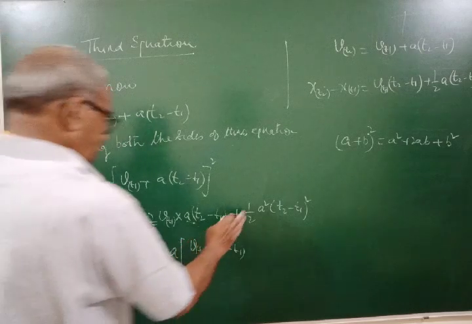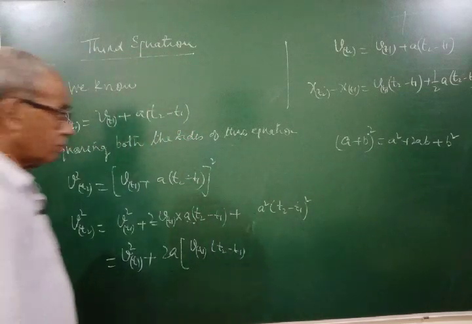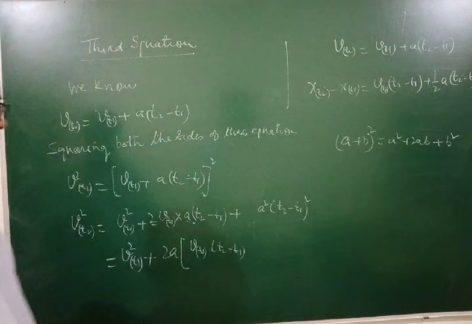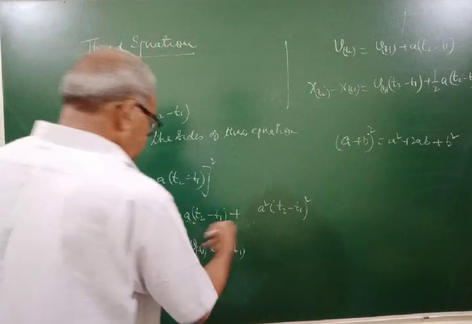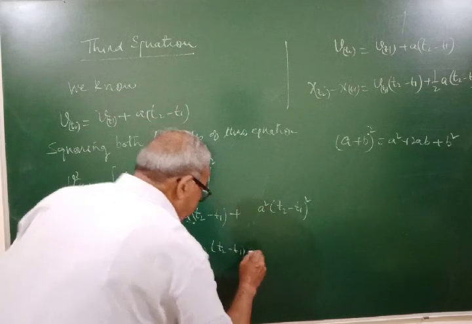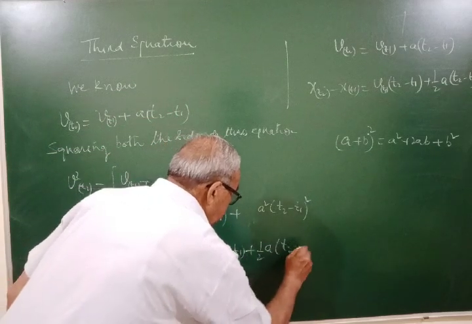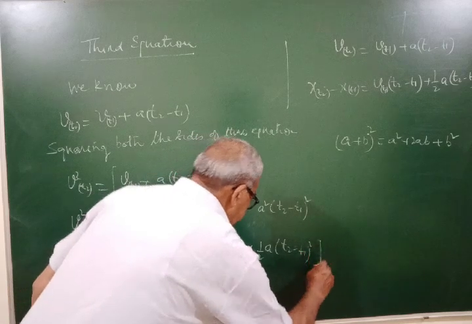Sorry, this half is not there. a square plus b plus b square. Now it comes half here plus half a into (t2 minus t1) square.